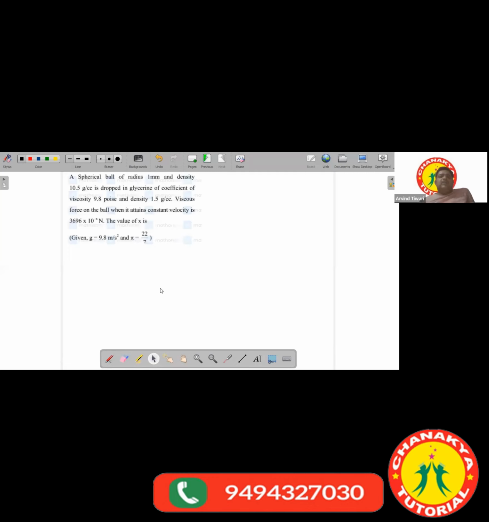So, a spherical ball of radius 1 mm. Here the radius is given as 1 mm and the density is given as 10.5 gram per centimeter cube. This is the density of the substance, so let's write sigma is 10.5 gram per centimeter cube.